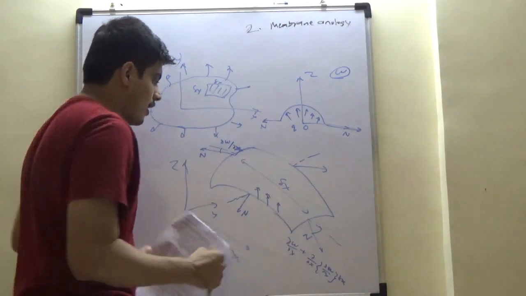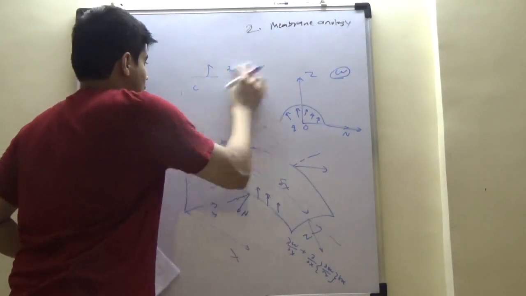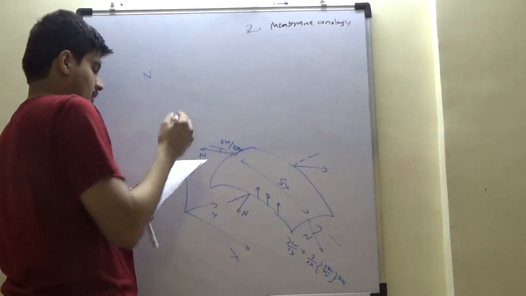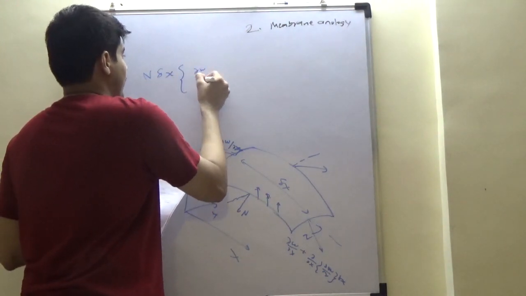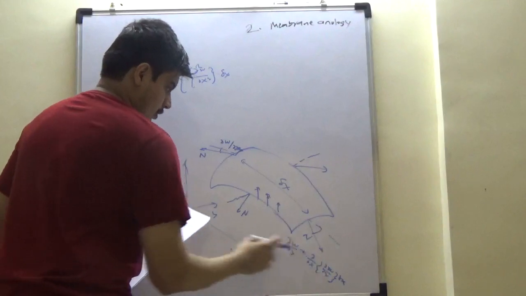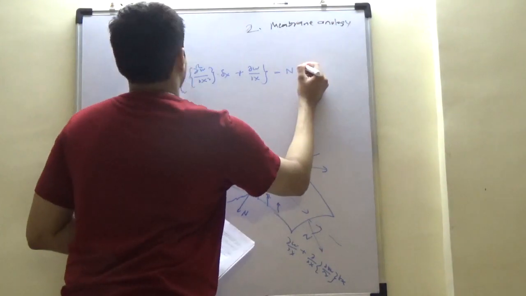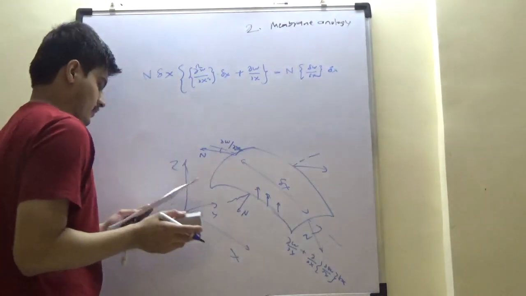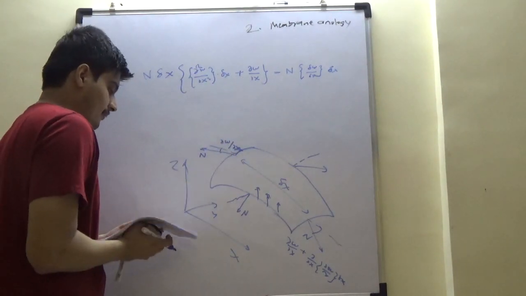Now therefore, in the x-axis direction, if I start writing the equations of equilibrium, what I am going to see is n delta x times del W by del X plus del square W by del X square into delta X, minus n into del W by del X into delta X, because that is the total load condition.